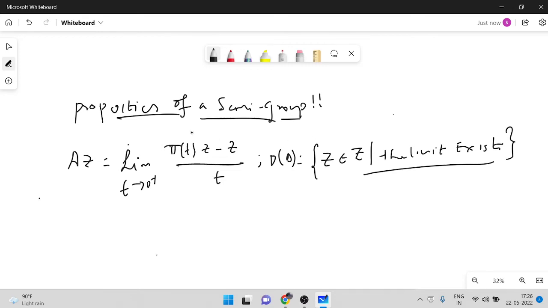So wherever you have this particular limit, for the values of z for which this limit has a finite value, z is in the domain of A, and your operator A is obtained from that.